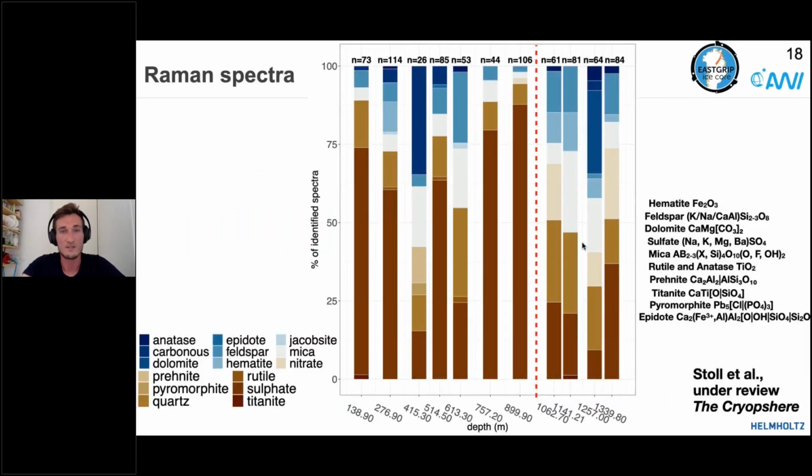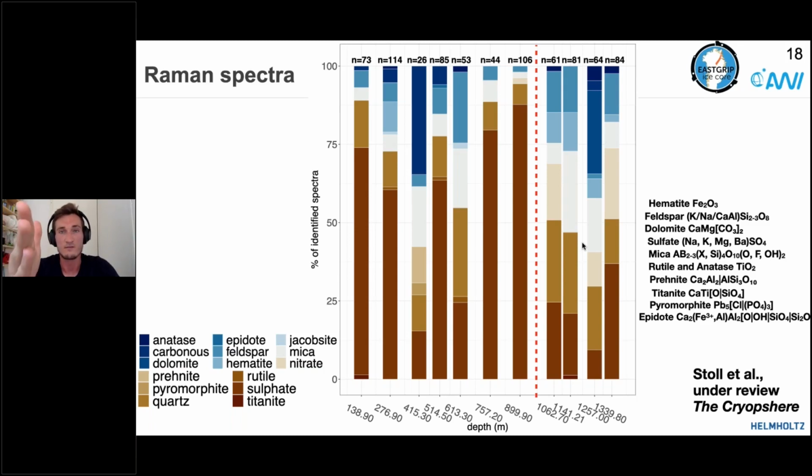Okay, this is the overview of the entire core we've done so far and of each depth. You can see here that there are some minerals we always find, like quartz, gypsum, mostly feldspar and mica, and then a lot of different sulfates in the upper 900 meters.